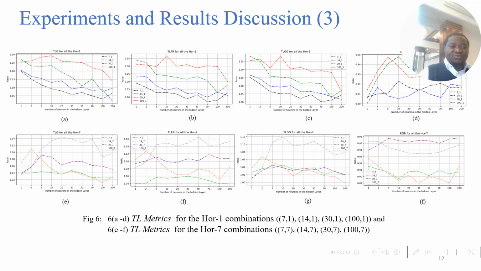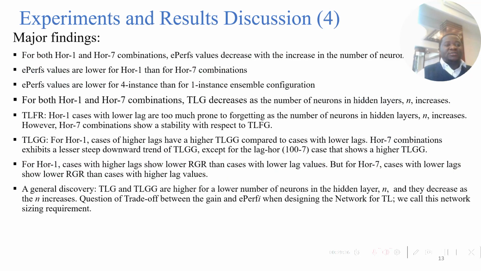Now, let me go quickly to the summary. If I were to highlight a few key points, the transfer learning forgetting ratio for scenarios with Horizon 1 with lower lag are too much prone to forgetting.